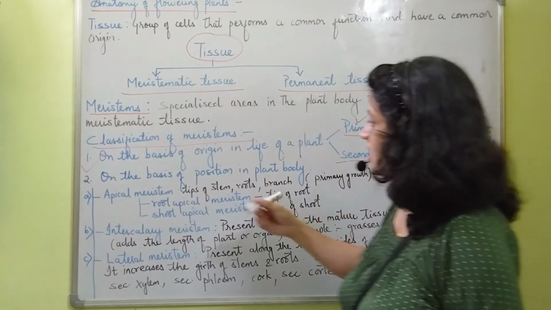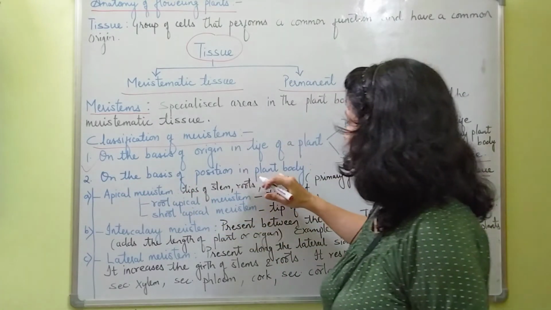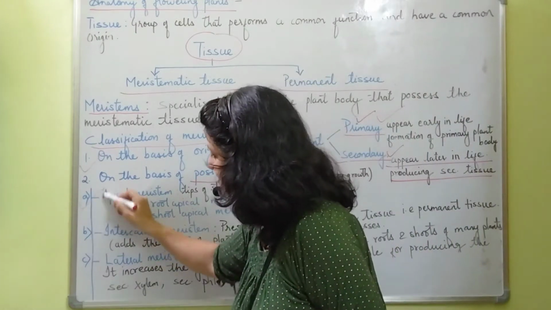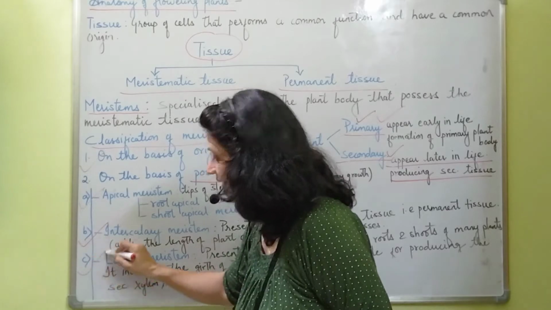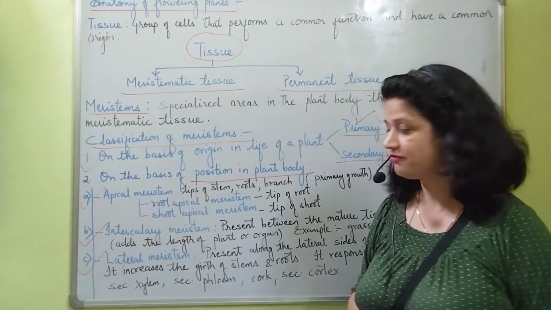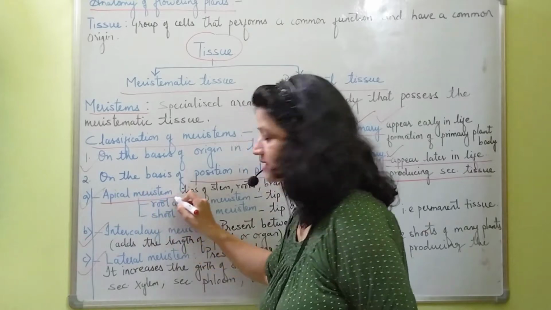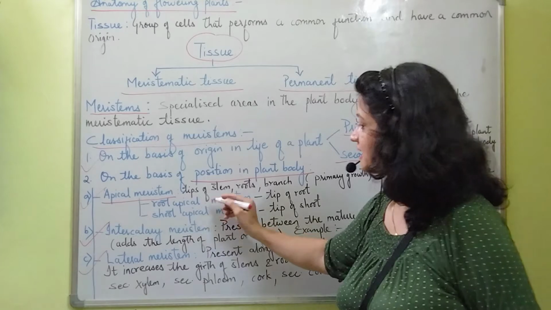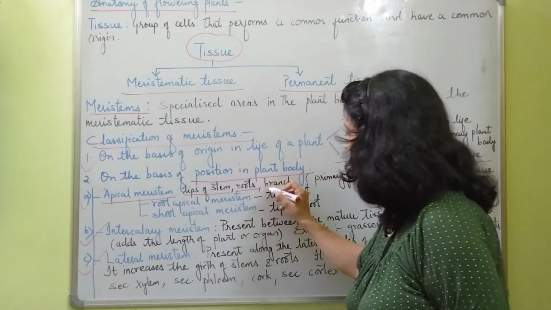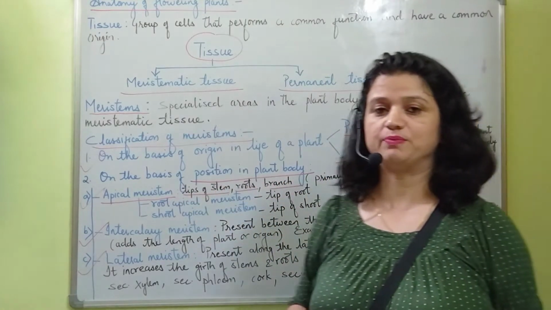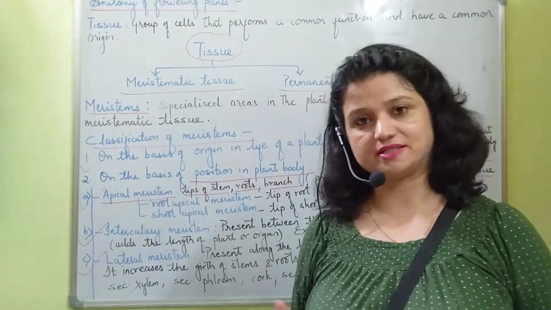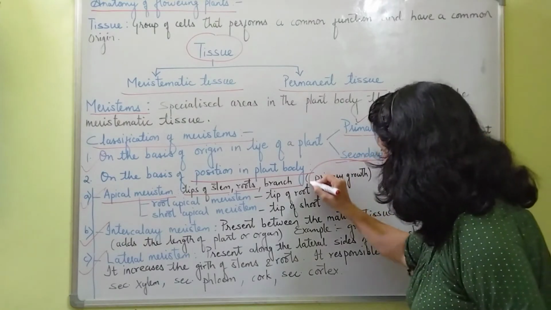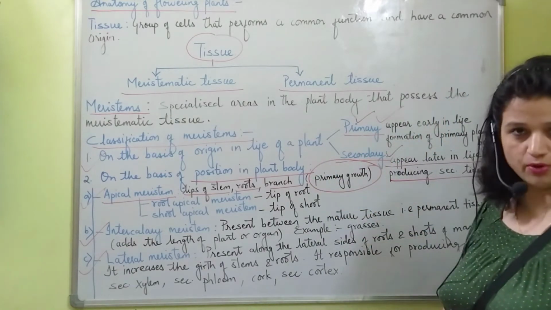Second, on the basis of position in the plant body, we can classify meristem as apical meristem, intercalary meristem and lateral meristem. First of all, apical meristem. Apical meristem is that meristem which is present at the tips of stem, roots and branch. And this apical meristem is responsible for the primary growth of the plant body.